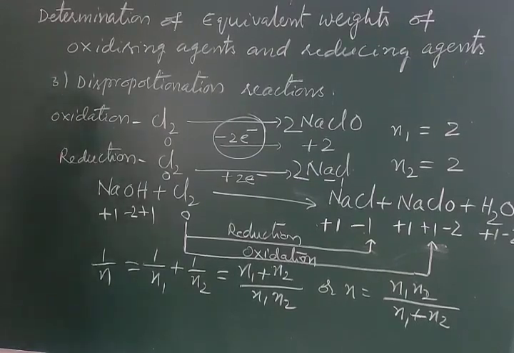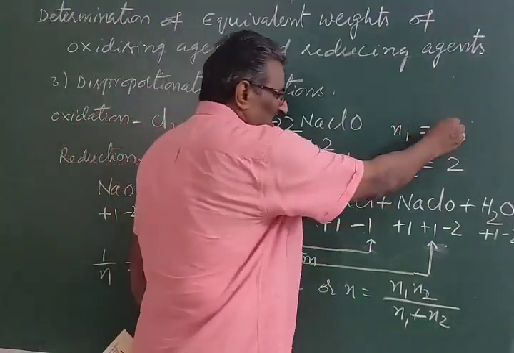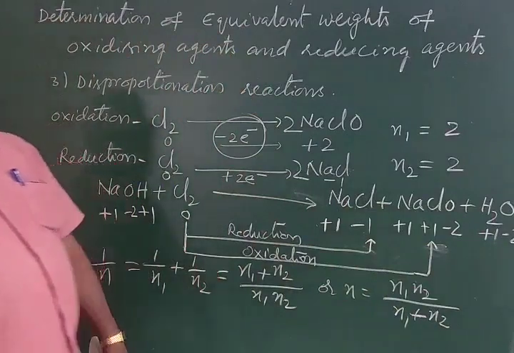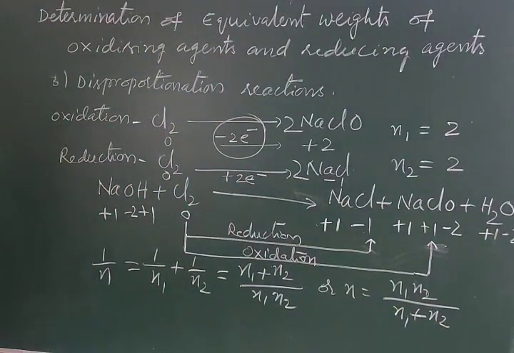For this disproportionation reaction it is 2 into 2 by 2 plus 2, that is equal to 1. If N factor is 1, equivalent weight is equal to molecular weight by 1.